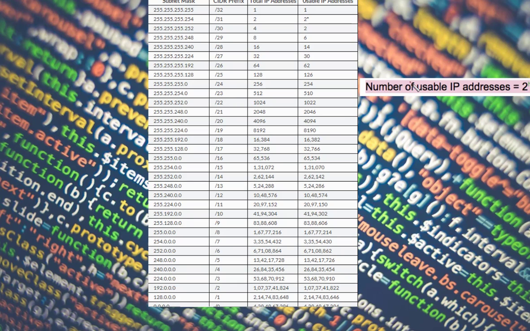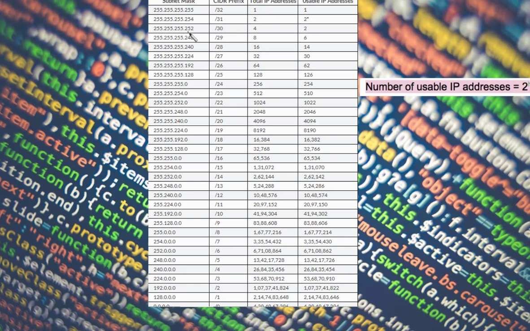One thing I need to highlight here is that the number of usable IP addresses is equal to 2 to the power of host bits minus 2. Why minus 2? Because these two IPs are for the broadcast IP and the network IP. So the usable IP address count is always minus 2.